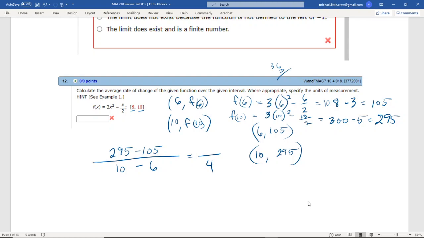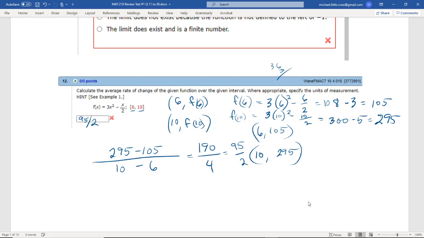Up here we get 190. 190 divided by 4. 2 goes into both of these. That makes that 50, 45, 95 halves. So you could put that in there.